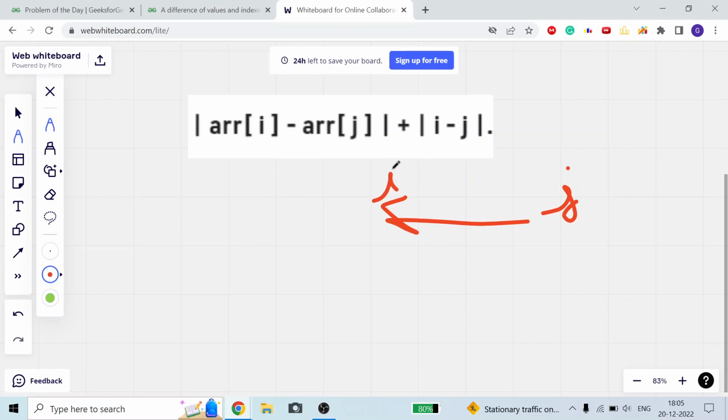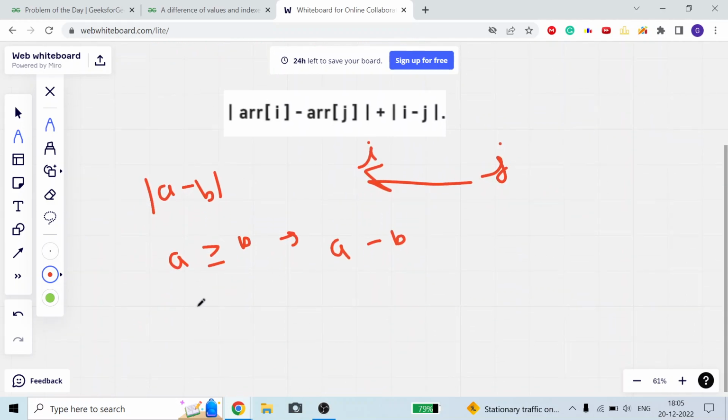There is a famous property of modulo that I told you about. If a minus b modulo is given to me, then if a is greater than or equal to b, it will be written as a minus b, because it will always remain positive. But if b is greater than a, because b can also be greater than a, then it will be written as b minus a.